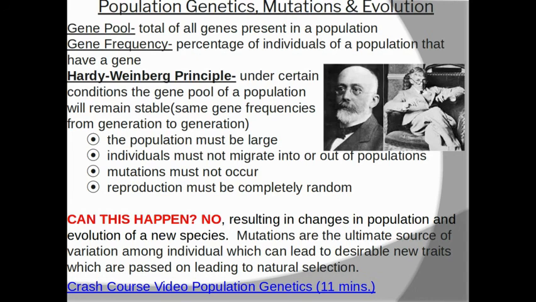Mutations are the source of those variations. So we know that environment can cause mutations. We know that humans have the ability to cause mutations. It's those variations that create new combinations that lead to desirable traits, either environmentally desirable, like you're just better able to survive.